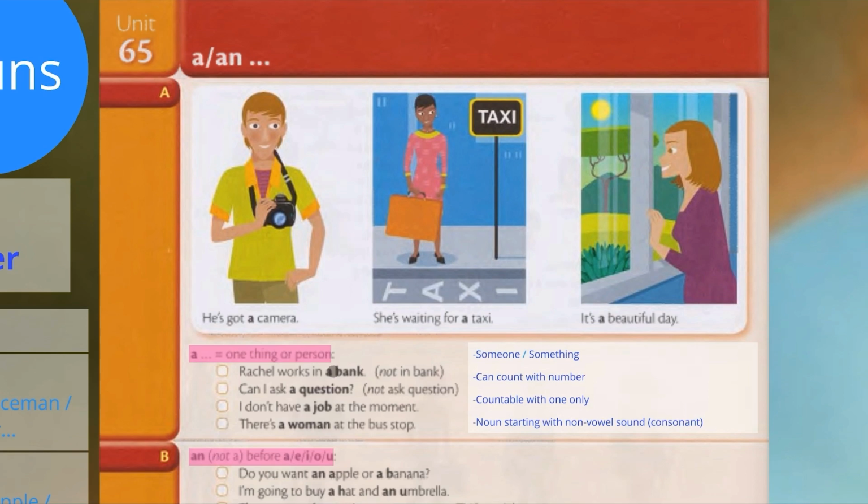We call this a consonant. For example, bank is starting with b, so a bank. Question is starting with qu, so a question. Job is starting with j, so a job. Woman is starting with w, so a woman.